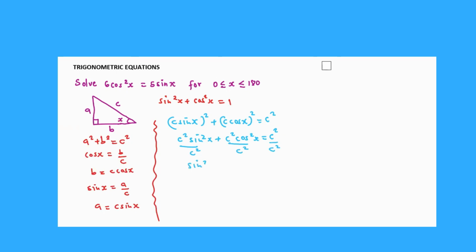We have sine squared x plus cos squared x is equals to, this part here cancels out to be 1. So we have is equals to 1. So this one here is now our Pythagorean identity. That is our Pythagorean identity.